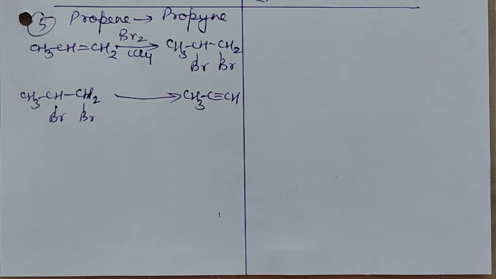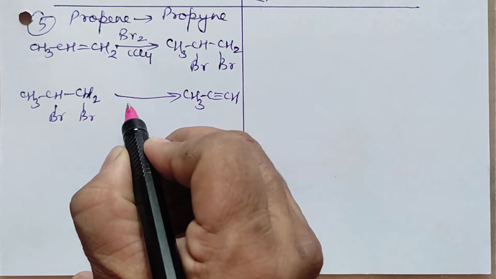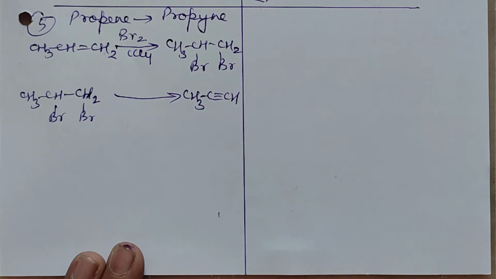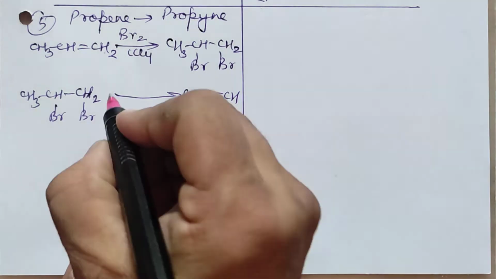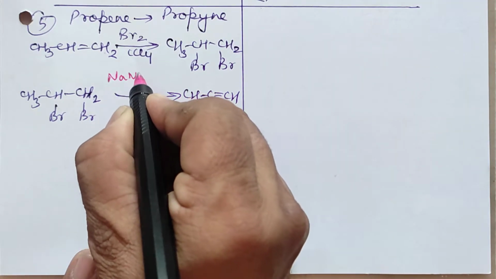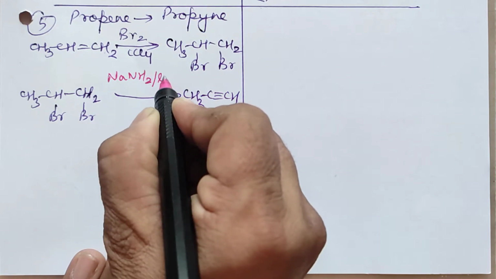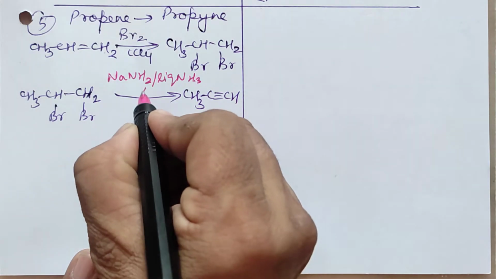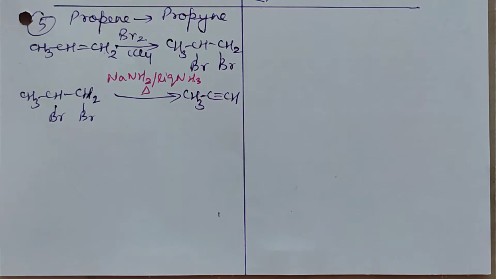Dehydrohalogenation, alcoholic KOH, but we do not prefer alcoholic KOH here because comparatively it will give less product. The yield will be low if we use that. So we need to use comparatively a stronger base. So what base do we use here? We use NaNH2 in the presence of liquid ammonia. Okay, so when you heat it in the presence of NaNH2 and liquid ammonia, then what will happen?